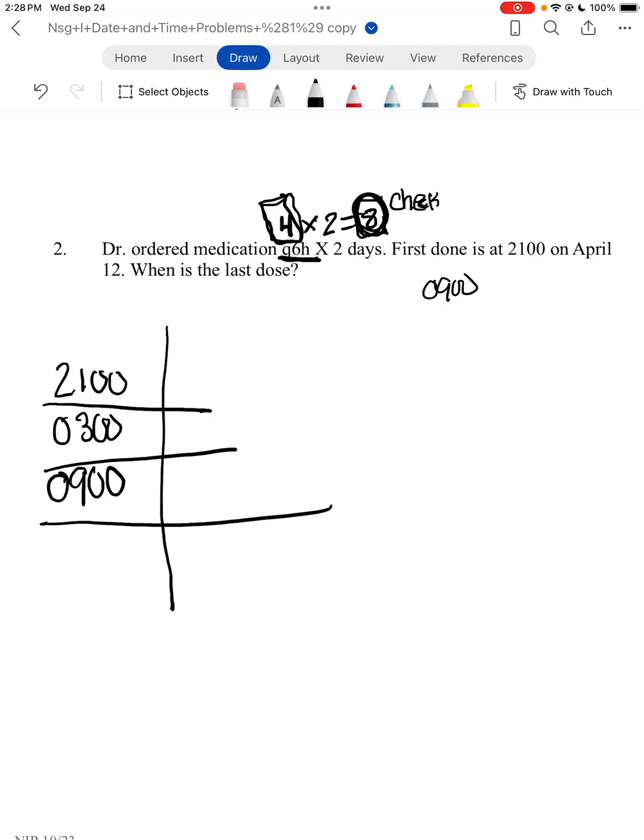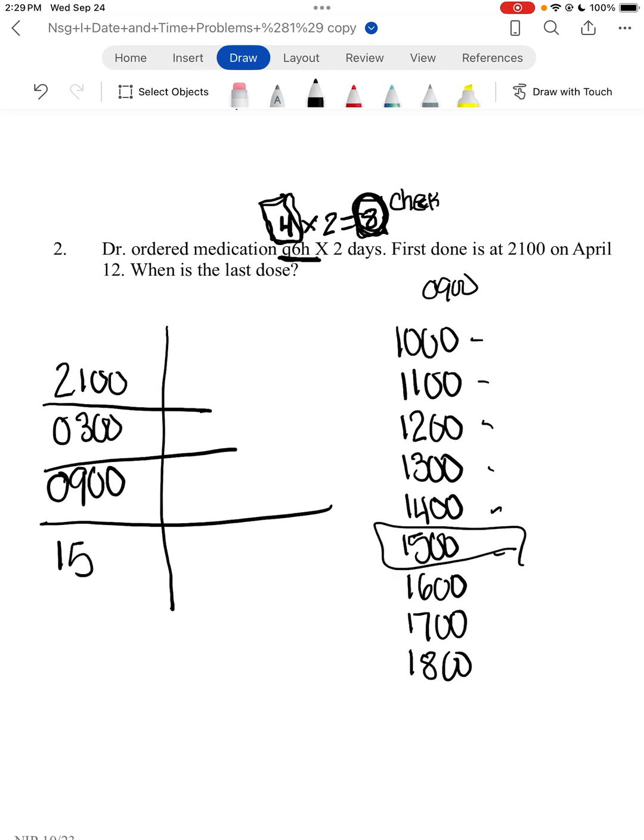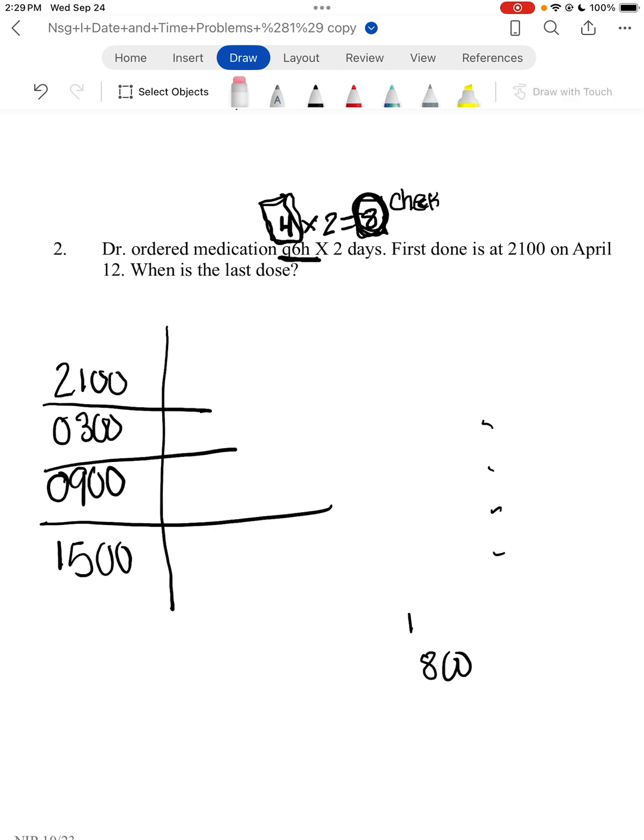So we have 10 o'clock, 1100, 1200, 1300, 1400, 1500, 1600, 1700, 1800. 1, 2, 3, 4, 5, 6. So the next one will be 1500. Okay, now we have our times.